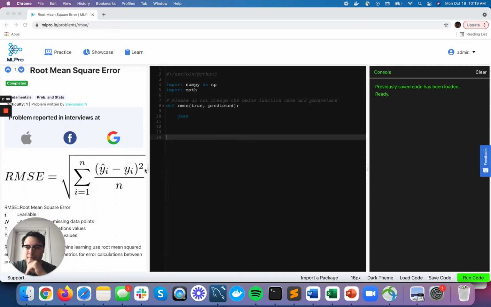So let's first think about the intuition for this without the squared. Let's ignore the square root as well for now. If we didn't have the square and we didn't have the square root, then this is just the average of the differences. And if the differences between the predicted and the true value are large consistently, then you're going to have a high mean error, and that's called a mean absolute error.